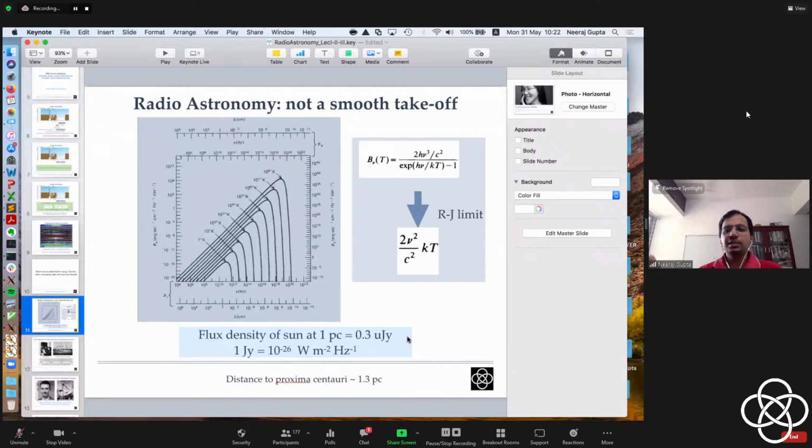So that's the kind of signal that we are talking about from a thermal black body, like a star, right? Just keep this idea in mind that if we put the Sun at just 1 parsec, or a star at that kind of distance, it would be hard for us to detect.